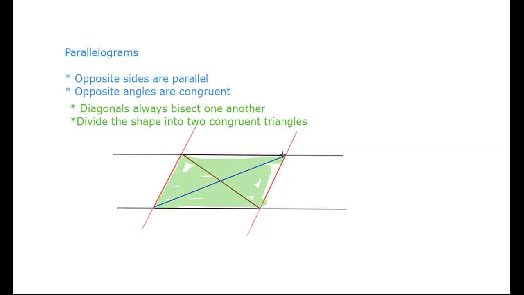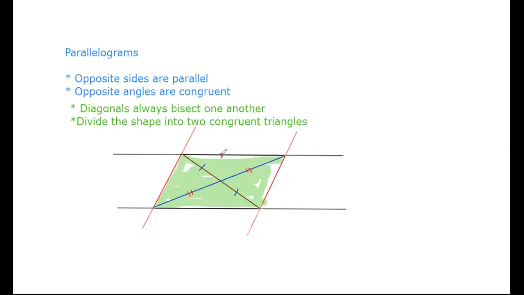Those diagonals always bisect one another, always. So this segment always equals the same length as that segment, and this segment always equals the same length as that segment, because that's what diagonals in parallelograms do.